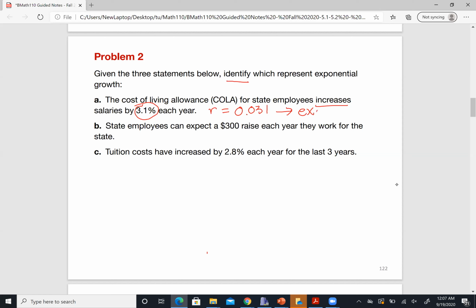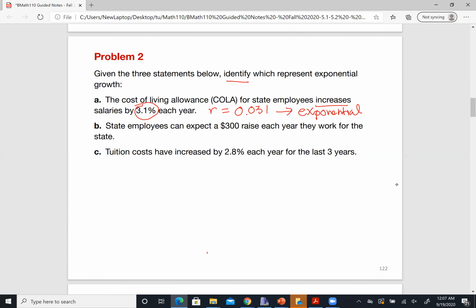So when it has something like increase salary by a rate of something, then you should consider that is exponential function. Okay, so column B: state employees can expect a $300 raise each year they work for the state.